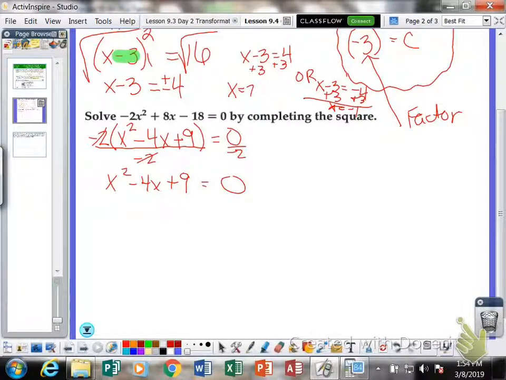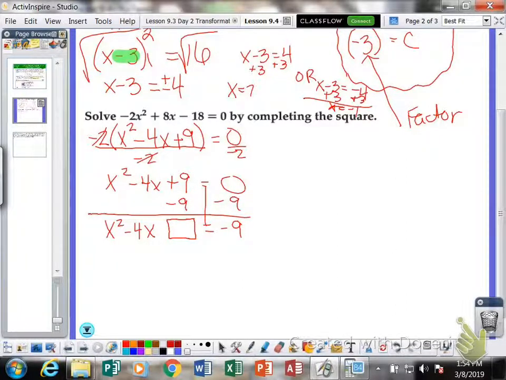Now we need to complete the square, which means I can't find factors of 9 that equal 4, because the only factors of 9 are 1 and 9, 3 and 3. So let's get rid of that 9 by subtracting it. And then I get x squared minus 4x, leaving a blank, that's going to be our c, equals negative 9.